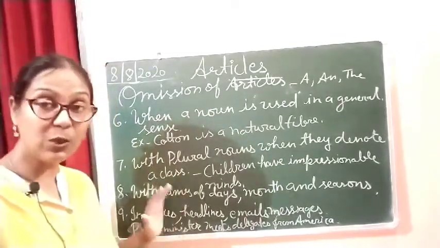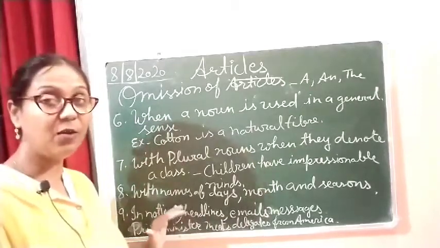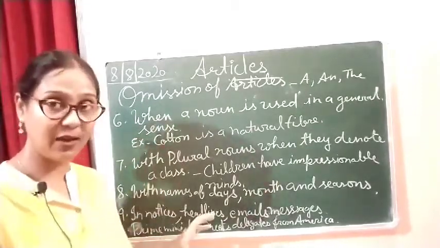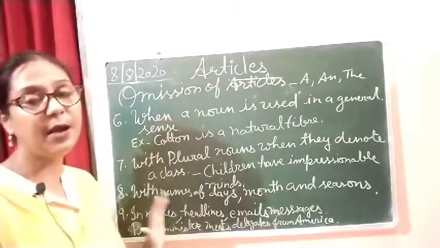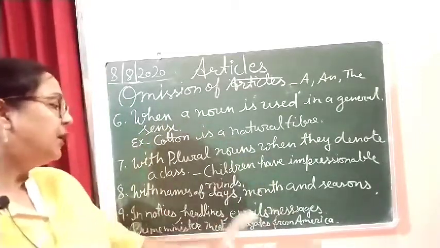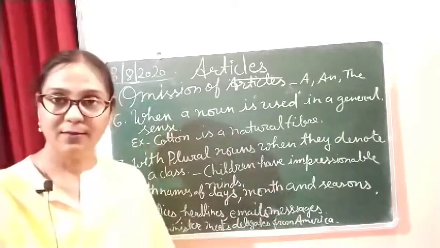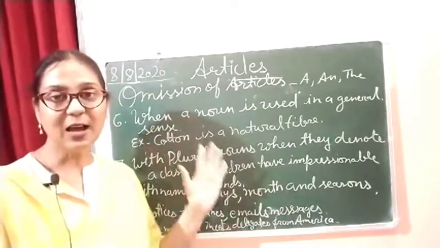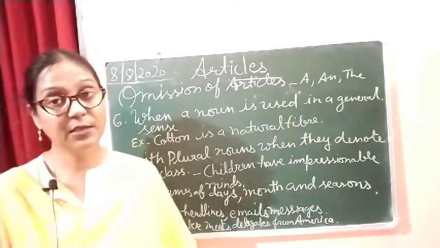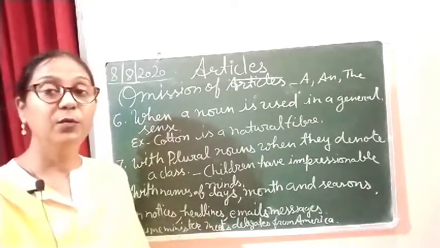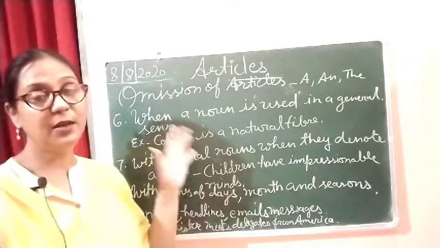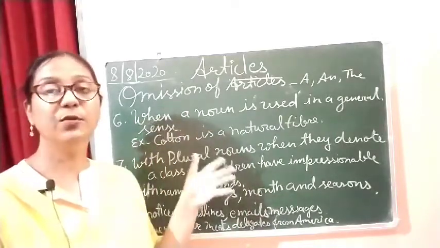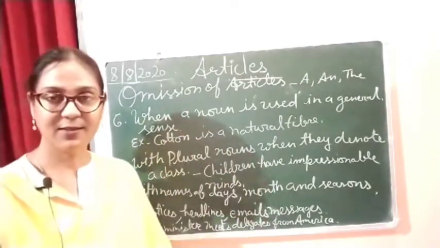This is a news headline, that is why we are not specifying anything. Just in a simple way we have written Prime Minister meets delegates from America. So these are the points that we always keep in our mind for writing articles, because these are the points where we are not supposed to use articles.